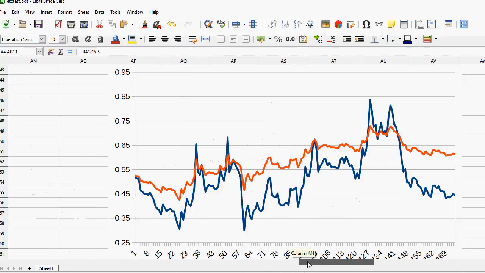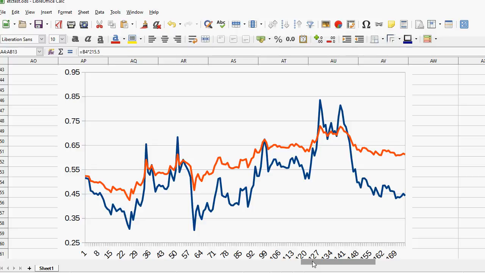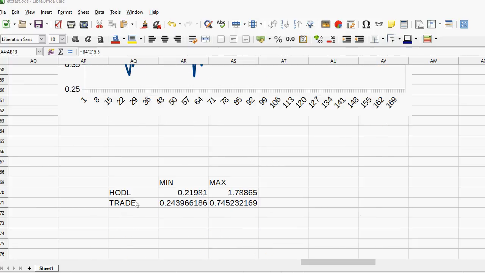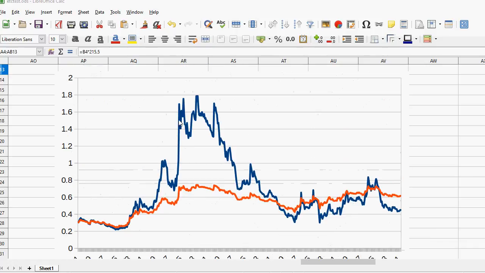Now, if you ever want to compare two markets together, thus adjusting for each one's volatility accordingly, it's relatively easy to do. And I've done it here. Within these values, I figured out what the maximum price for each one is, as well as the minimum.